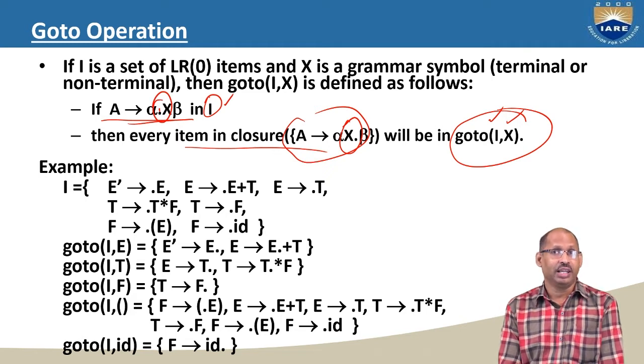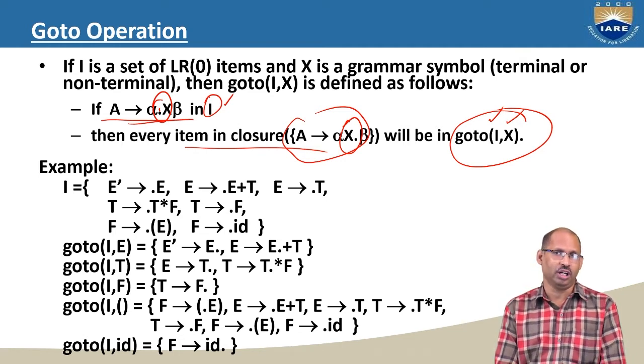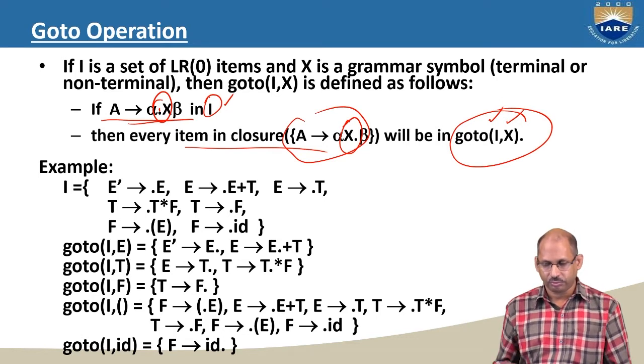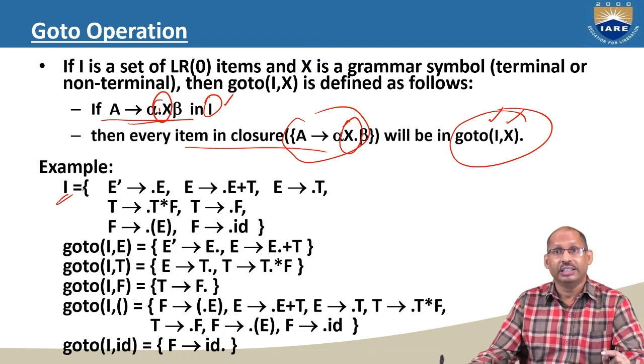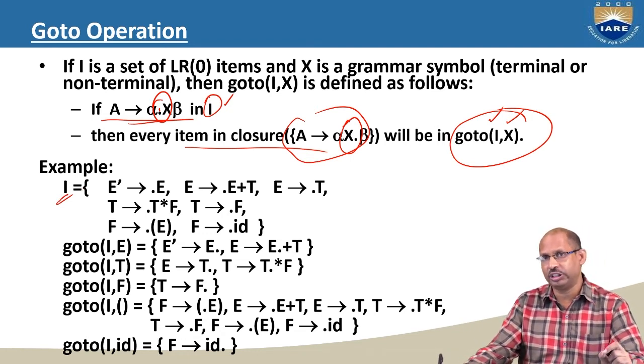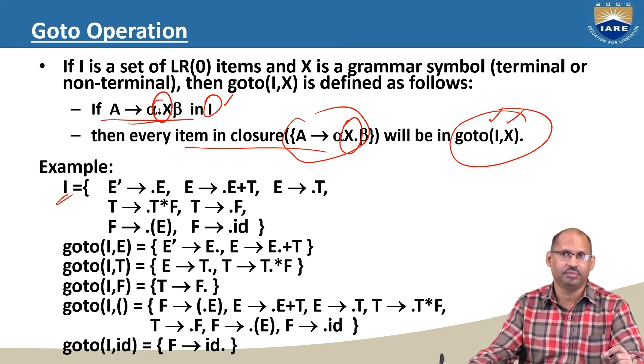So it is clear: if A gives alpha dot X beta is in I, then on symbol X it will move from I to J. What is J? J is the closure of the production A gives alpha X dot beta. So dot X is moved to X dot. Here our initial I has some productions, and these productions have a dot.